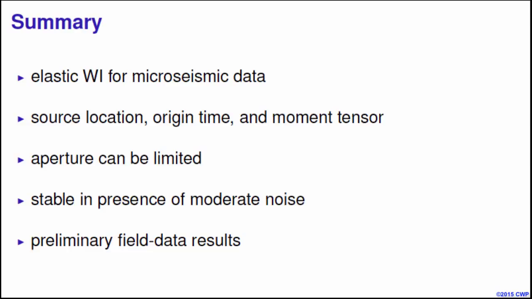And the synthetic tests shown here indicate that aperture can be limited and also receivers sparse. And the inversion is stable in the presence of a moderate amount of noise. And the preliminary data results show that the moment tensor is not very well constrained, but we are able to estimate the source coordinates with some accuracy.